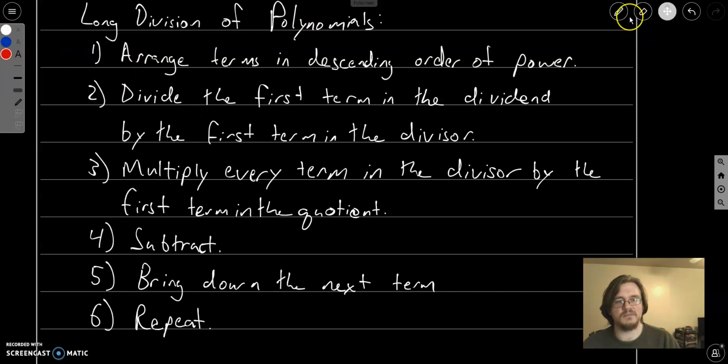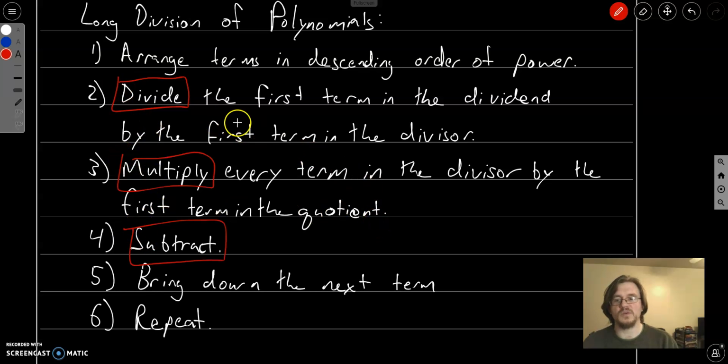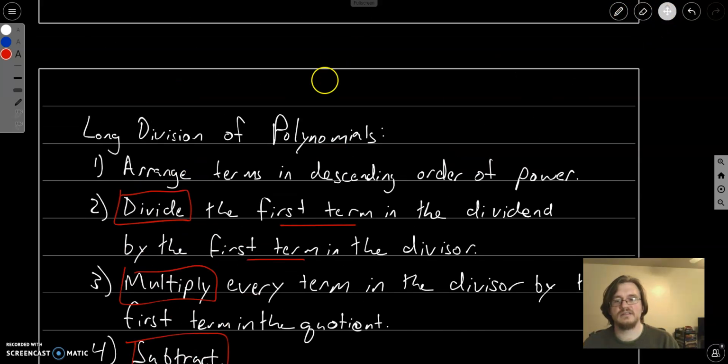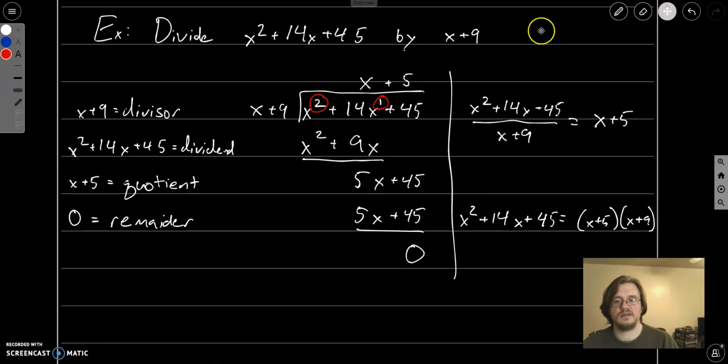Next, we do our steps. We divide, multiply, and subtract. What are we dividing? The first term in the dividend by the first term in the divisor. So when I did this first step, I was looking at x squared here, and I divided that by x to get the first term in my quotient, which was x.